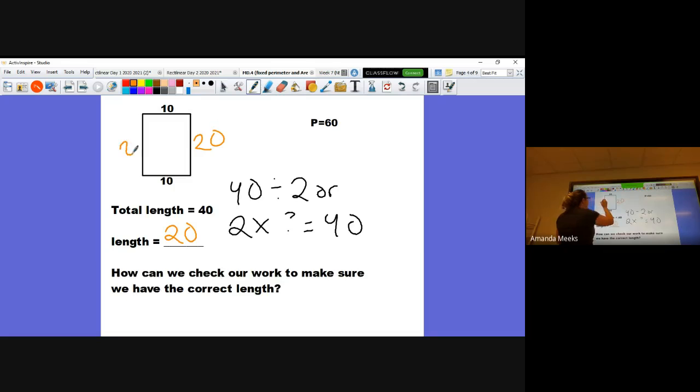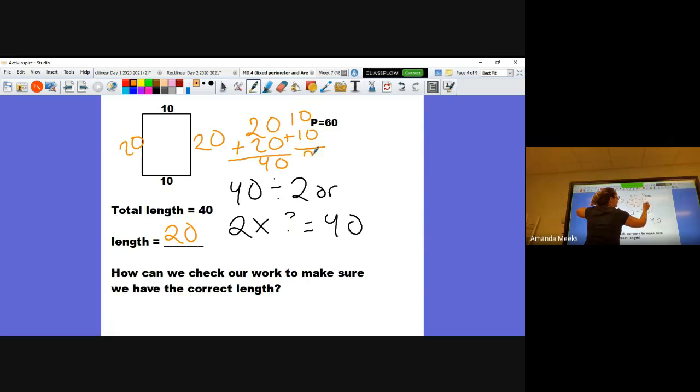So now we think we have the length. They asked for the length of one side, but I need to check to make sure that all of this equals 60. So 20 plus 20, I like to do my doubles. 20 plus 20 equals 40. 10 plus 10 equals 20.